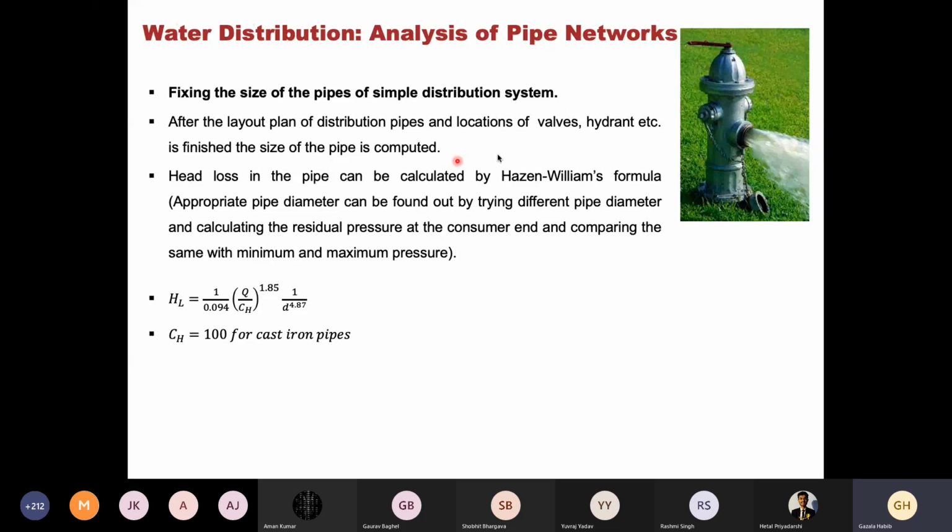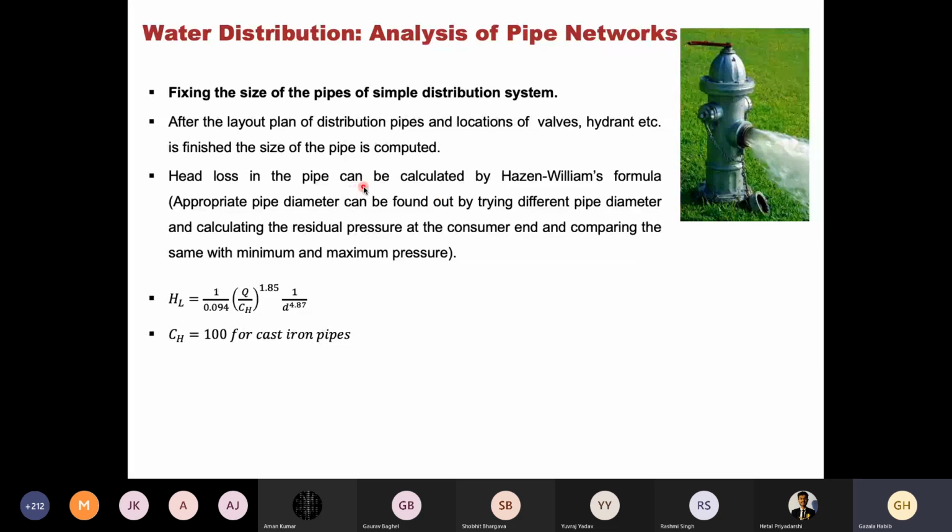This is a fire hydrant, in order to meet the fire demand. So the whole distribution system will provide not only the domestic demand but the fire demand also.